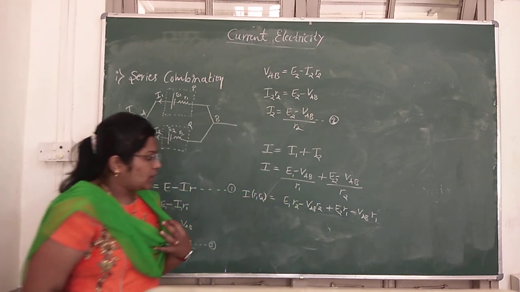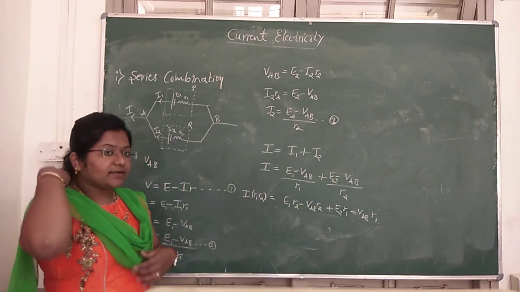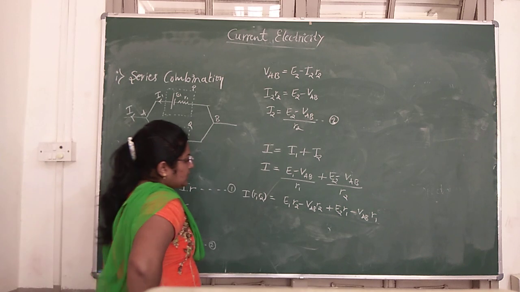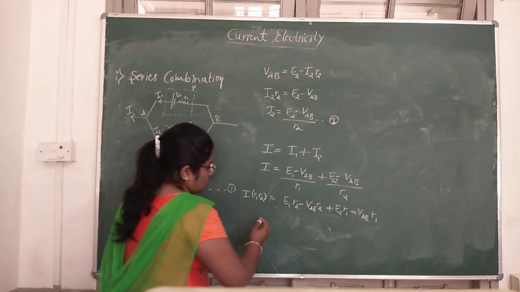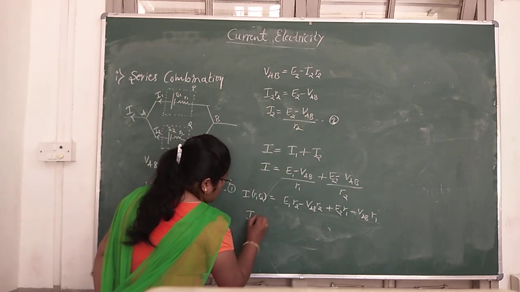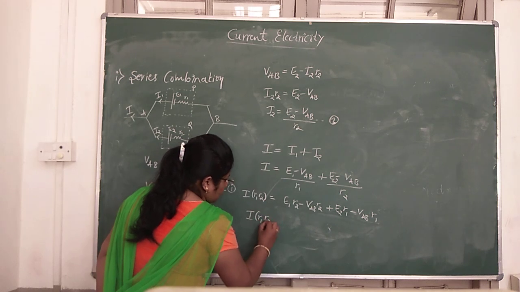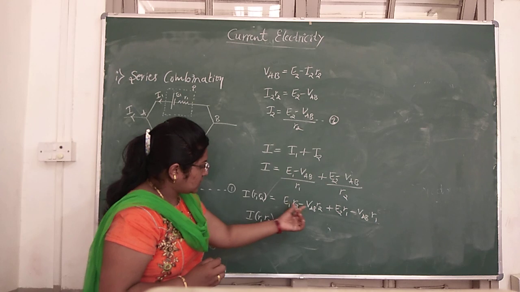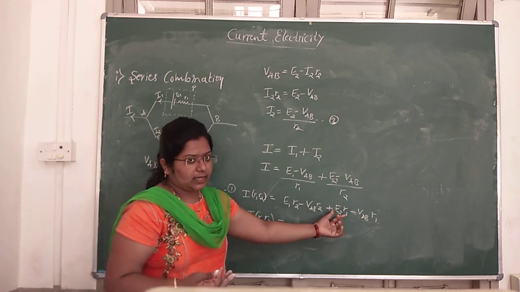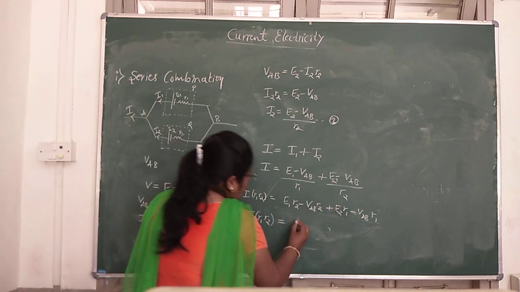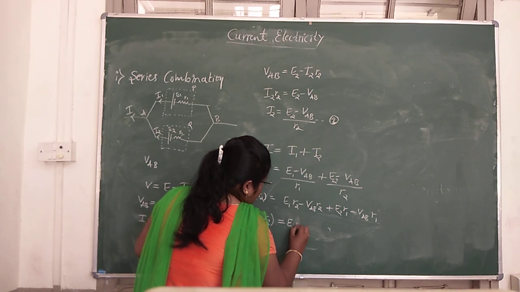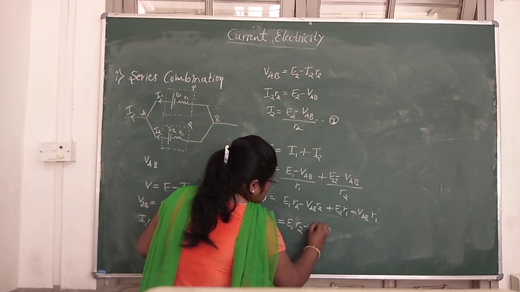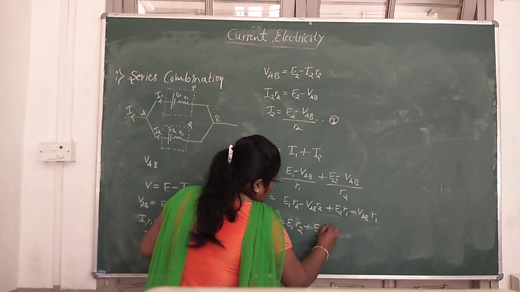Now how can we write this expression? I R1 R2 equal to, E1 term is there, E2 term is there. You cannot take anything common here, so write it as it is: E1 R2 plus E2 R1.